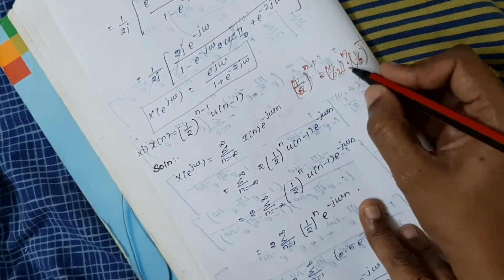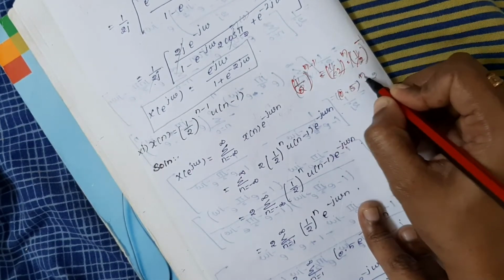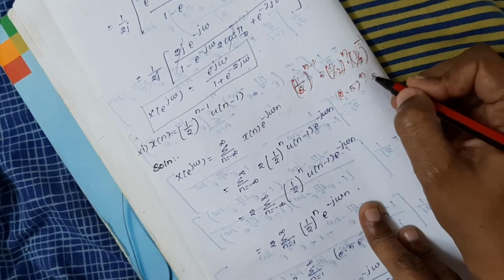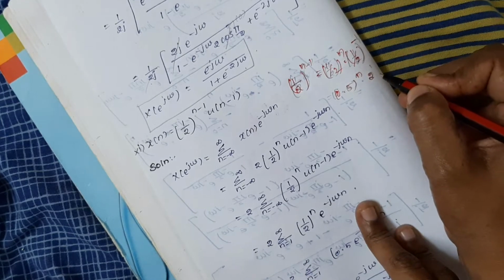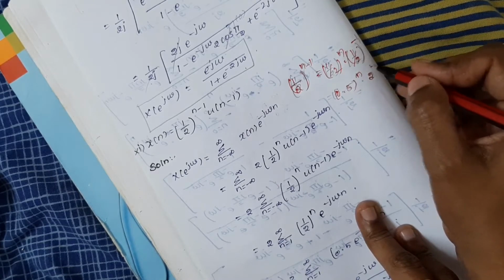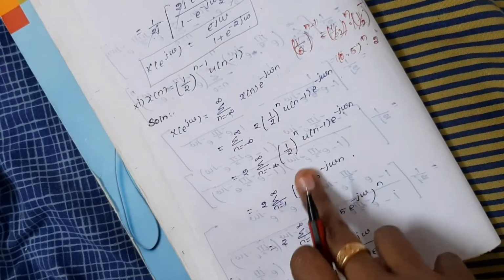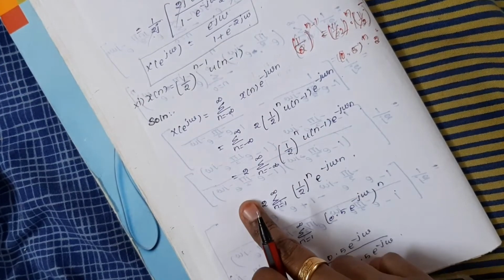What is this value? 1 by 2, you know, is 0.5 the whole power n. And 1 by 2 the whole power minus 1 is the reciprocal, that is 2. Correct. So you can write this value as 2 into 1 by 2 the whole power n. So you can take 2 as common.